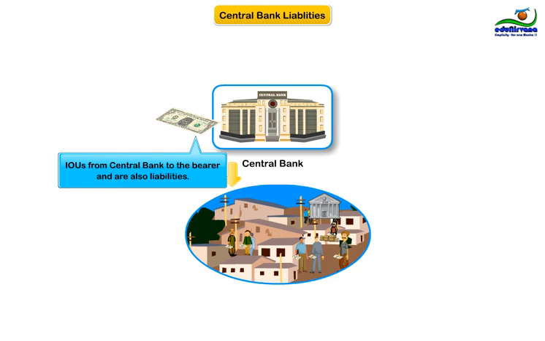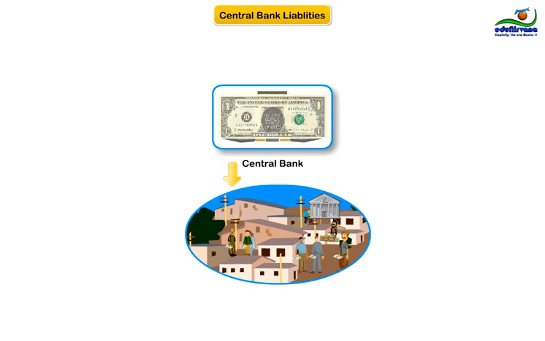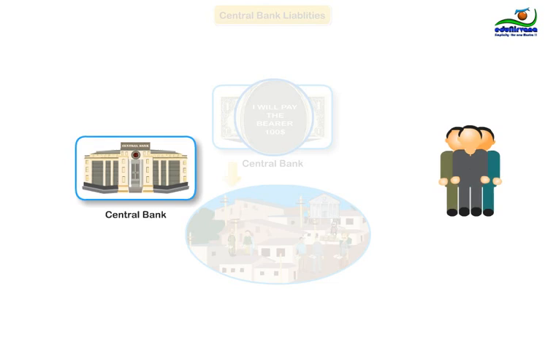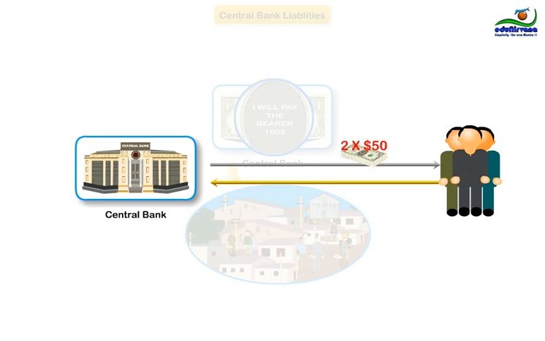But unlike most other liabilities, they promise to pay back the bearer solely with more central bank IOUs. That's it. Accordingly, if somebody brings a $100 note to our central bank and demands payment, he will receive 2 $50s or 5 $20s or 10 $10s or one $100 note.